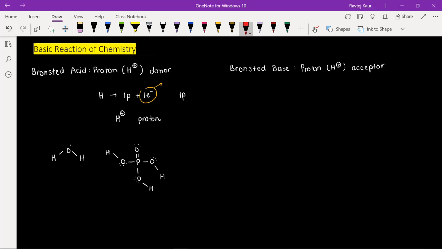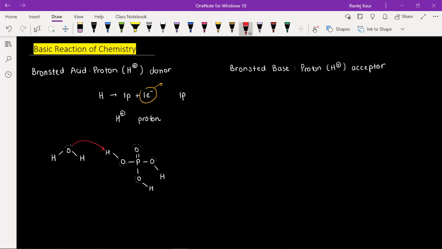What happens is the electron from the oxygen, the lone pair electron, goes and attacks the hydrogen on the acid. And out of hydrogen and oxygen, oxygen is more electronegative, right? Therefore, it will try to keep the electrons between them more towards itself.